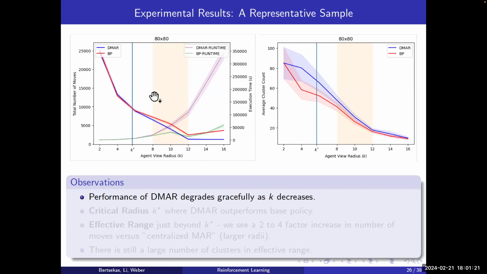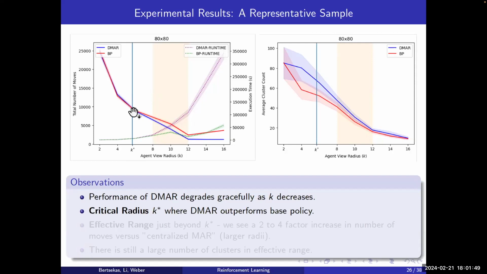Well, actually the base policy is not independent of the view radius, because the bigger the view radius, the more likely you're going to see a task that's maybe 10 hops away, and you can just beeline towards it, right? So the base policy is not decoupled from the view radius. As you increase this radius, there is a special radius, which we call the critical radius, K star.